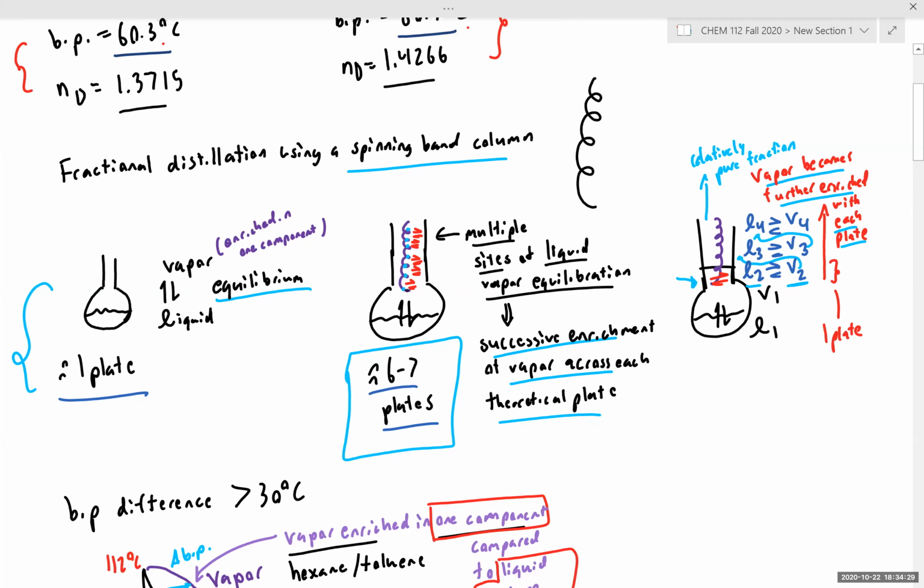The main benefit of a spinning band column is that at each site along the spinning band, we can establish a new liquid vapor equilibrium. So each site allows for a liquid to vapor equilibrium, and that in turn leads to increased theoretical plates.